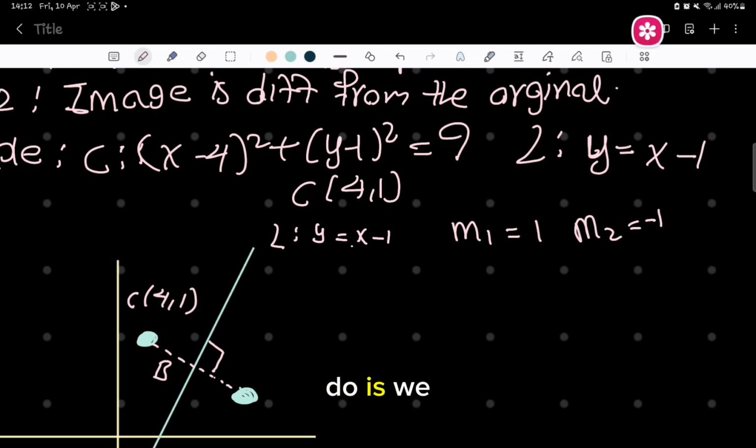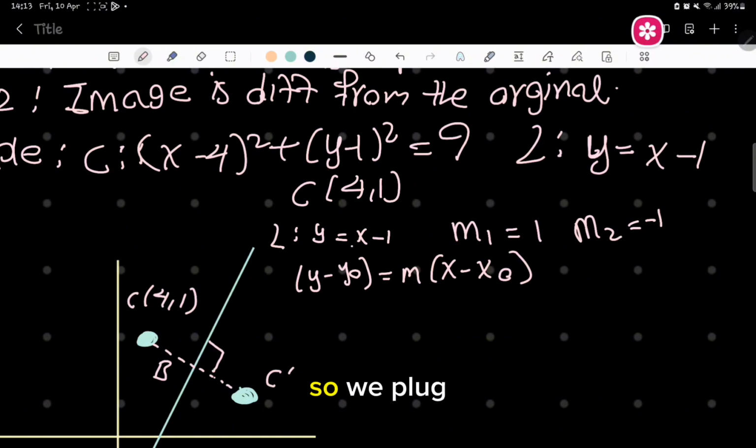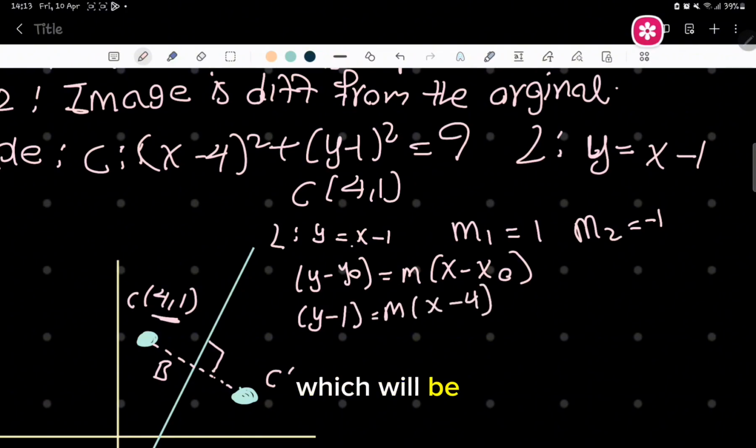The next thing we need to do is find the equation of line B. To do that, we already know the slope and we already have an initial point, which is C, 4, 1. So we plug these two pieces of information into this particular equation. y minus y naught equals m times x minus x naught, so y minus 1 is equal to m times x minus 4.